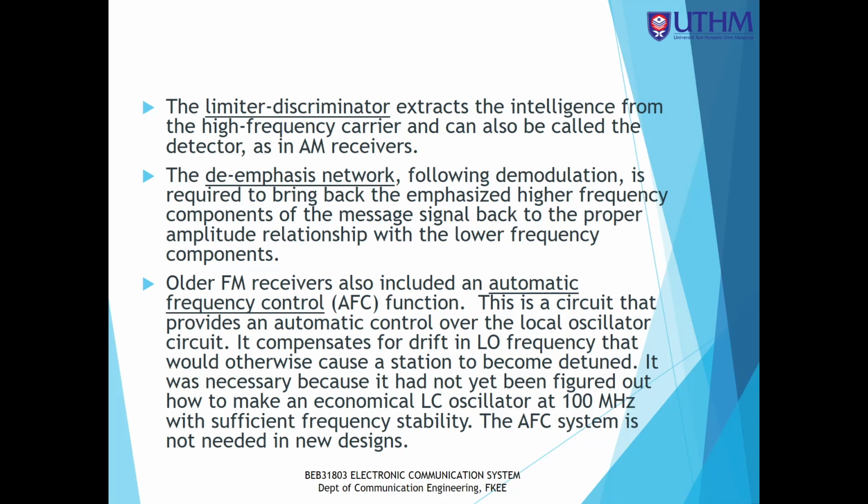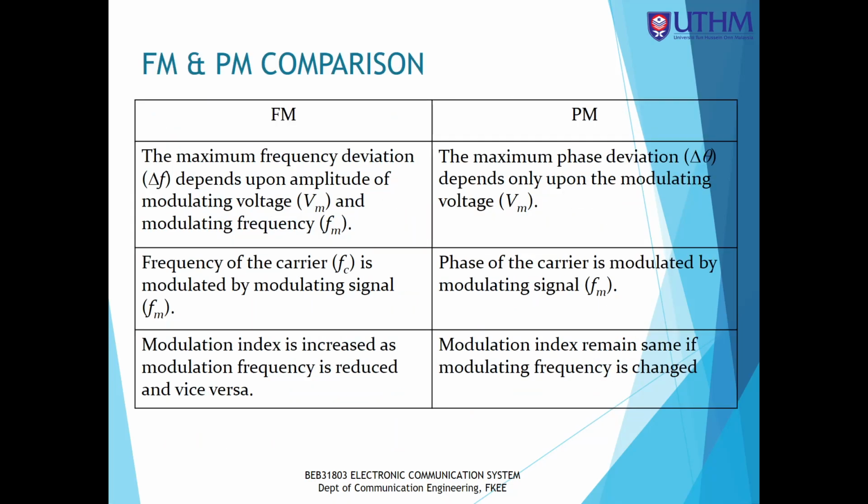Okay, so I've explained all about this, and then the FM and PM comparison. What is the difference between frequency modulation and phase modulation? The maximum frequency deviation delta F depends upon the amplitude of the modulating voltage and also the modulating frequency.